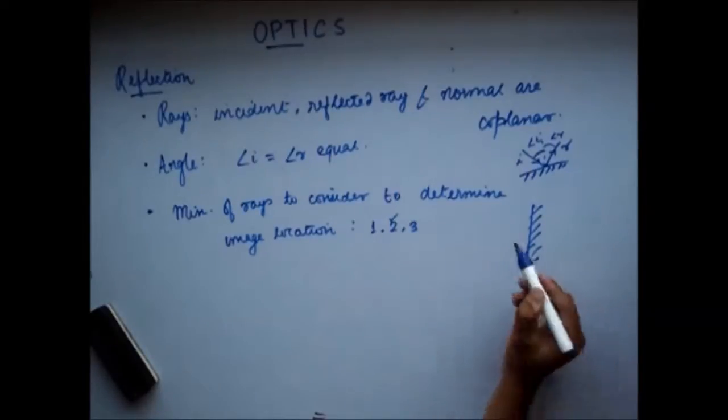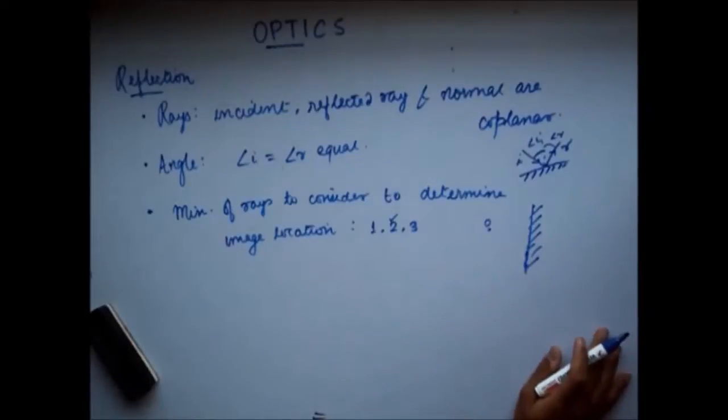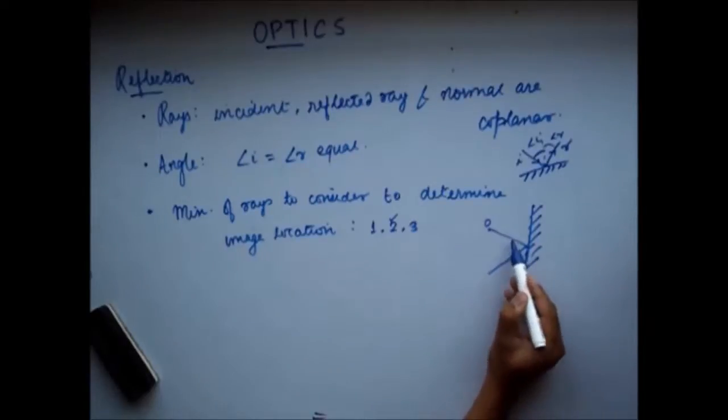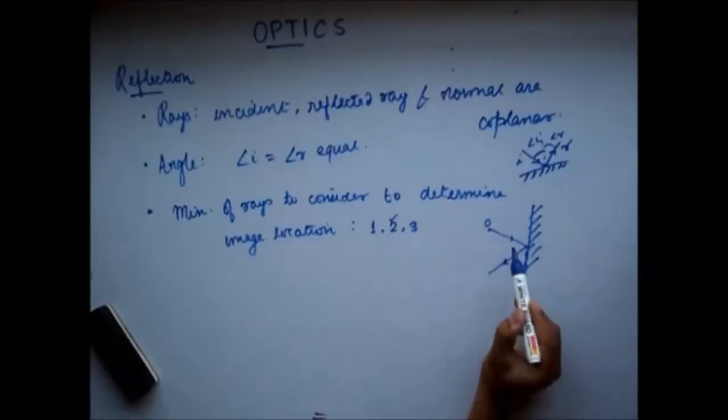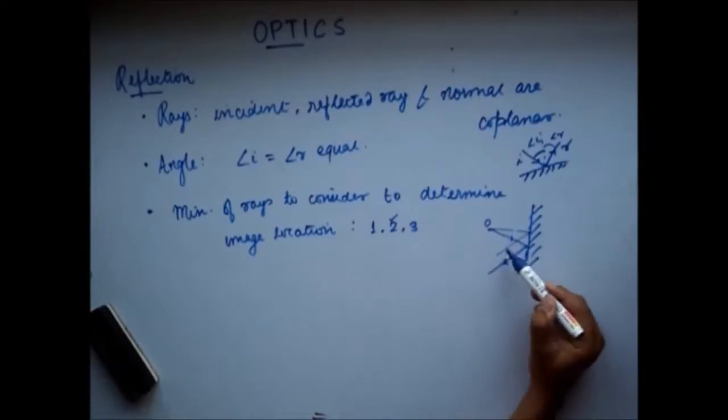Let's say this is a mirror. This is an object here, and I want to find the location of the image. So this is one ray, and this is another ray.